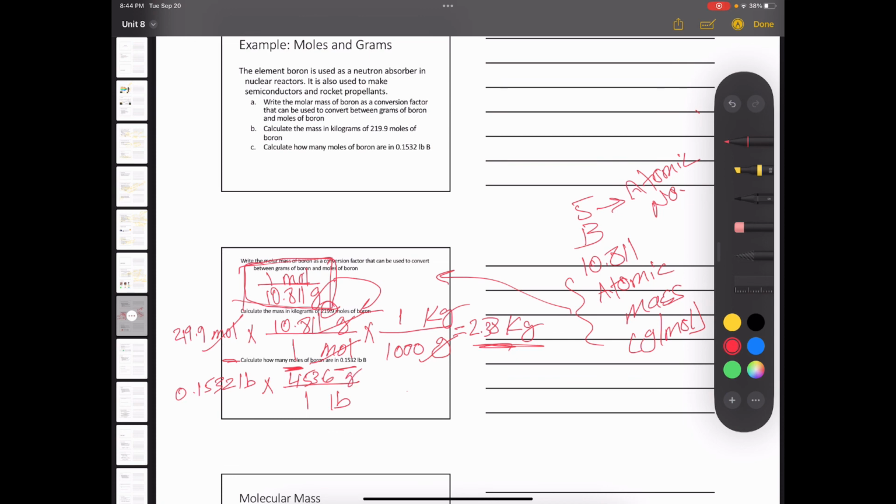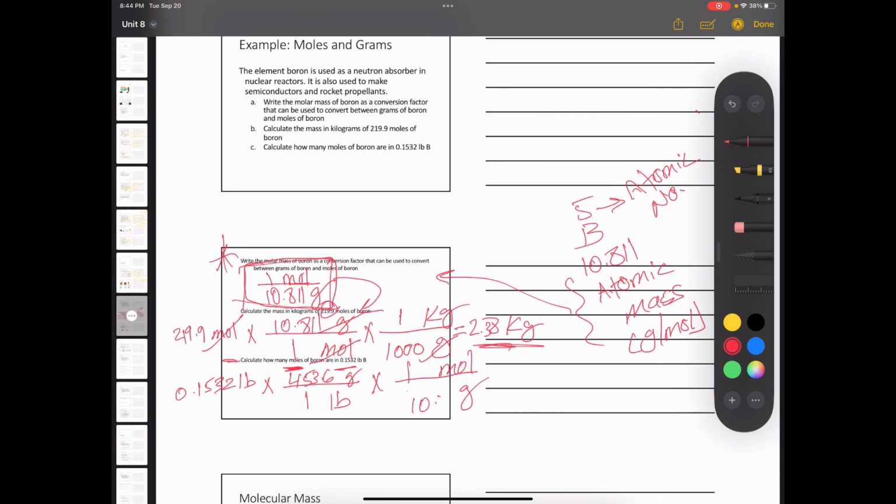So now the pounds can cancel out with the pounds. And then I can use my conversion factor up here. Do I need to flip and change my moles and grams from being a numerator to being a denominator? No, I don't need to do any of that because I need my grams to cancel out my grams later and moles to be my unit in my final answer.